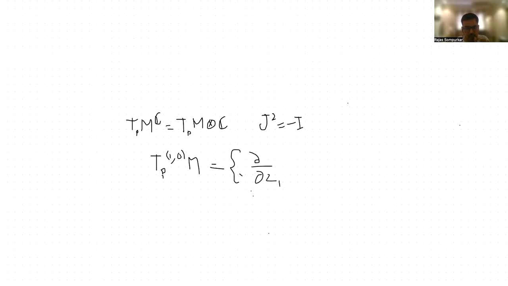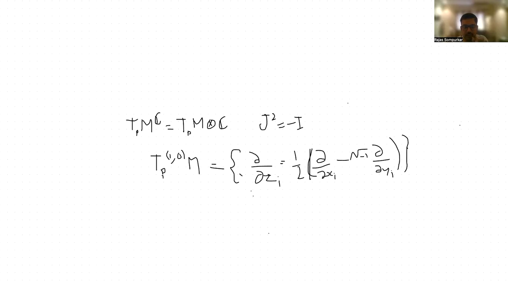T_p^{1,0}M, as we had seen in the last class, is generated by the local frame del by del z_i, where every del by del z_i is equal to half of del by del x_i minus square root of -1 times del by del y_i. We take this collection as i varies from 1 to n, and this generates the holomorphic tangent space.